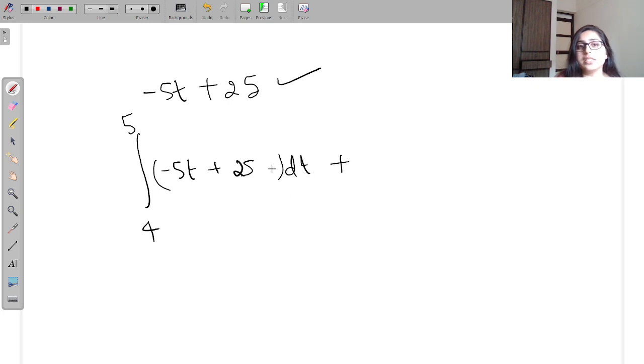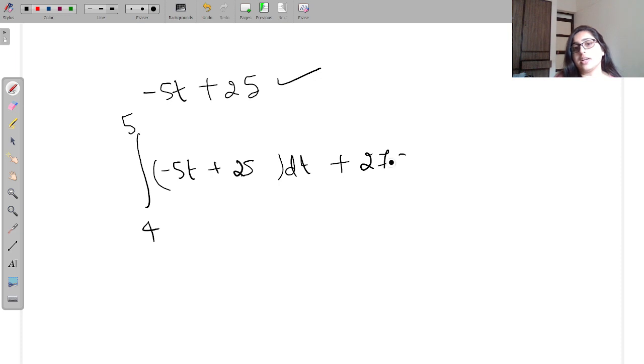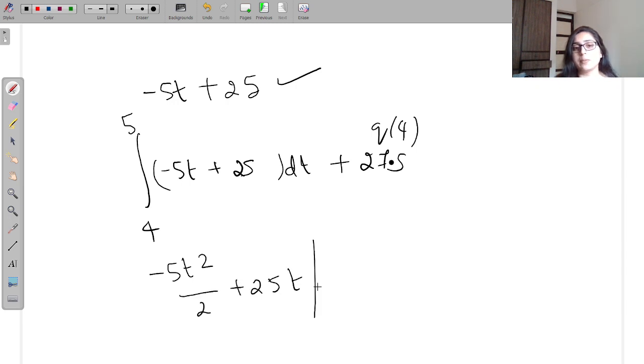What is the initial charge here? It is 27.5. That is q at 4. So minus 5t square by 2 plus 25t, substitute the limits, plus 27.5. So here it is 25 plus 27.5.